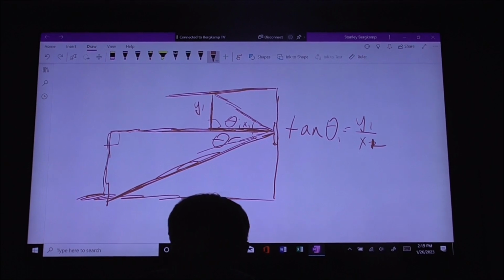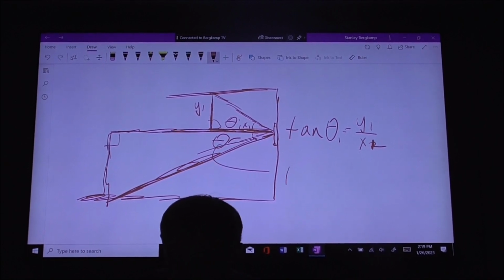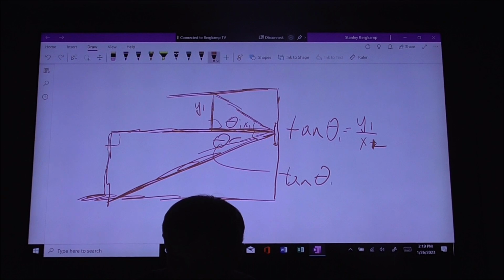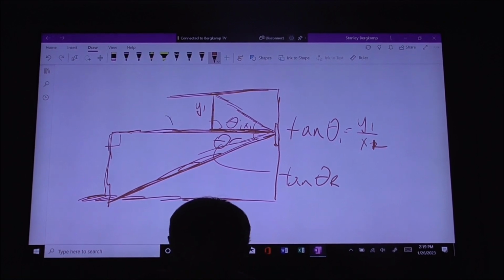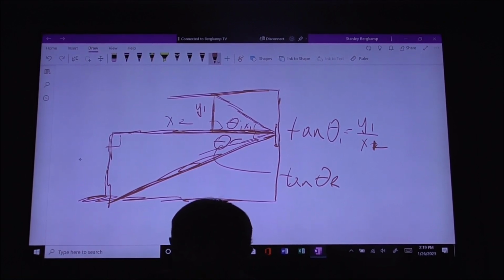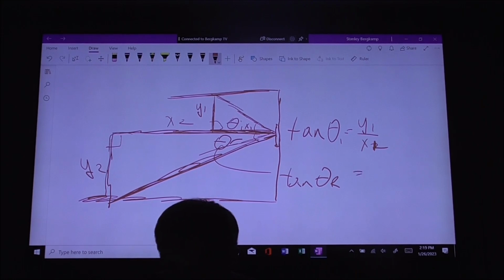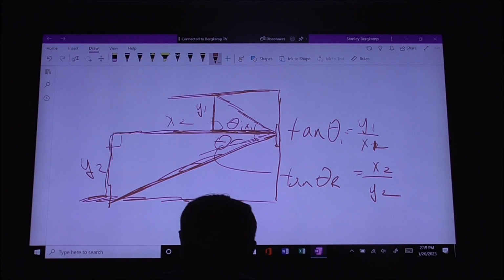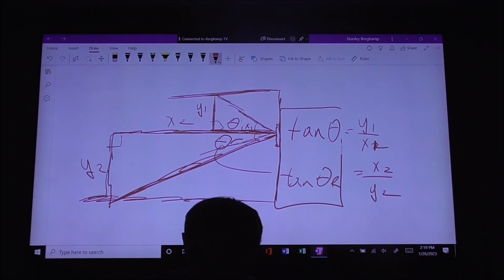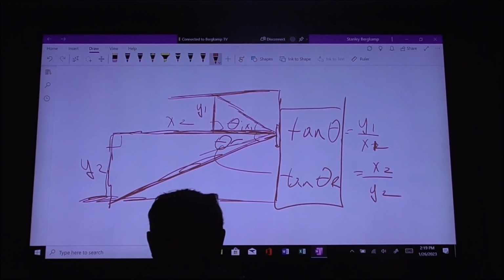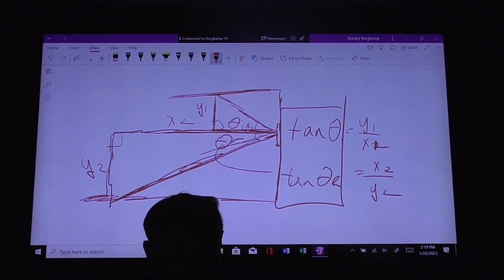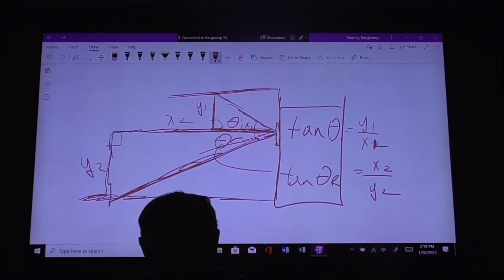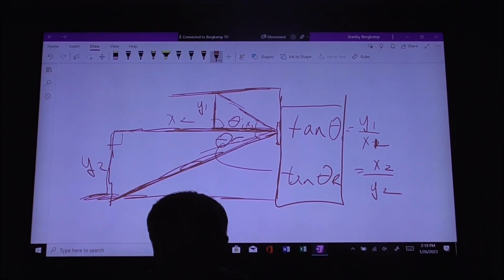Now, the angle of reflection has to equal x2 over y2. But if these two angles are the same, then y1 over x1 equals x2 over y2, because the ratio has to stay the same.